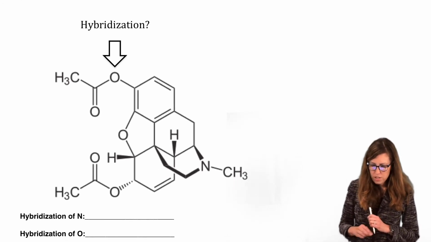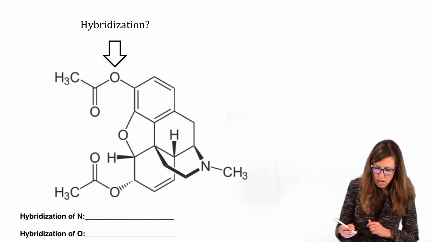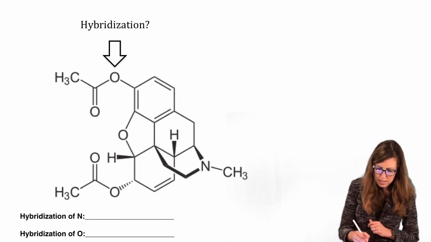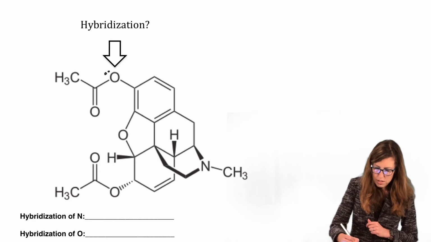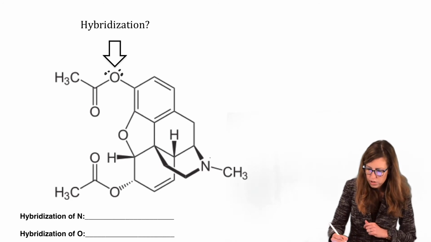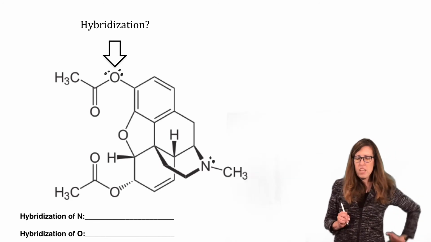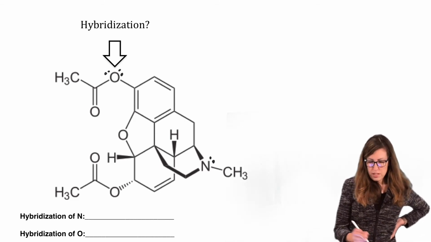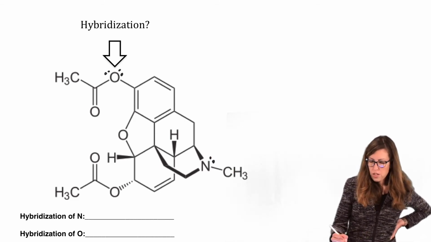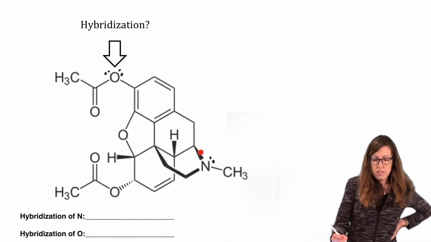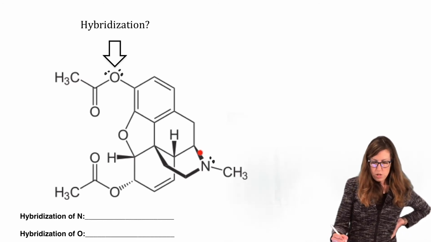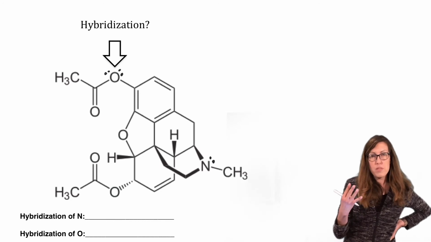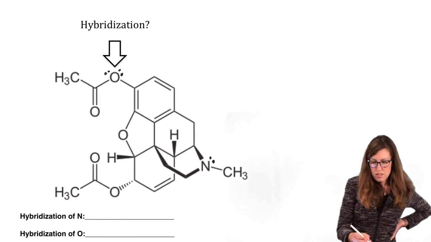So let's start with the nitrogen. I always say draw lone pairs when you have a heteroatom, because that can trip you up. So there's the oxygen lone pairs. Nitrogen's only missing one lone pair. Okay, so when you count electron groups, we say, okay, we have 1, 2, 3, 4 electron groups, right? So it needs 4 hybrid orbitals. So geometry helps a lot.